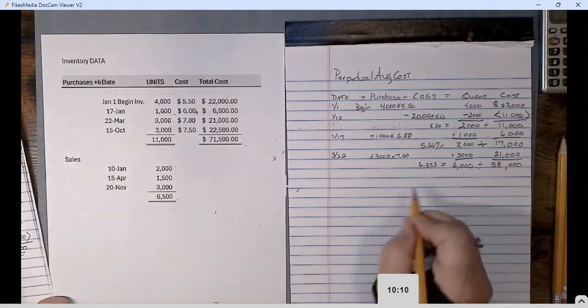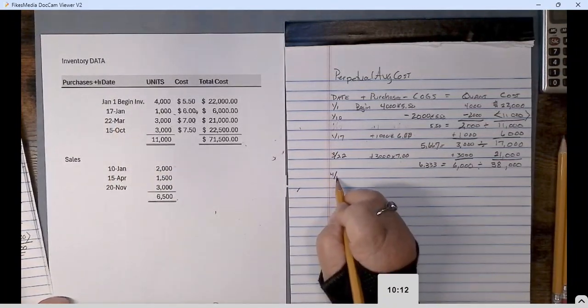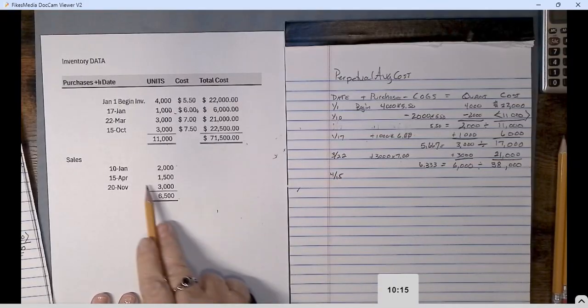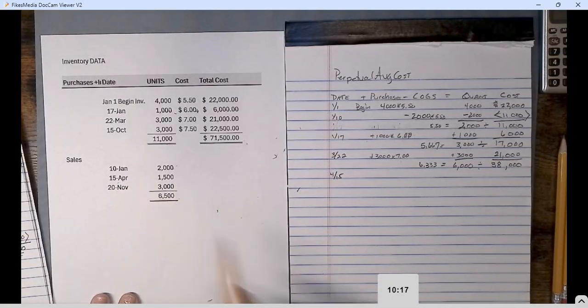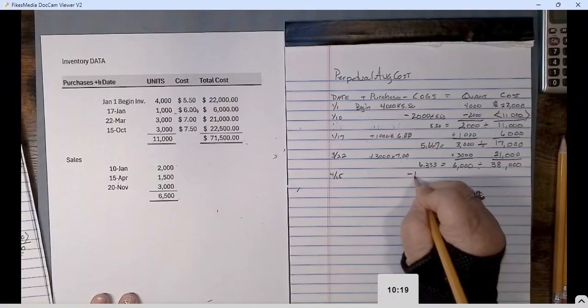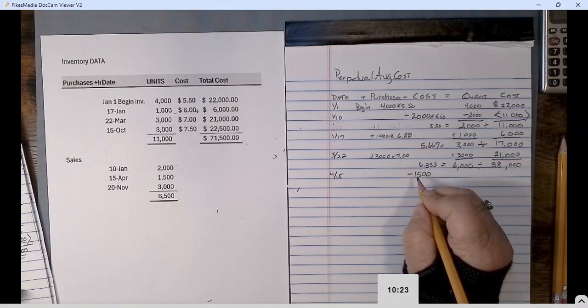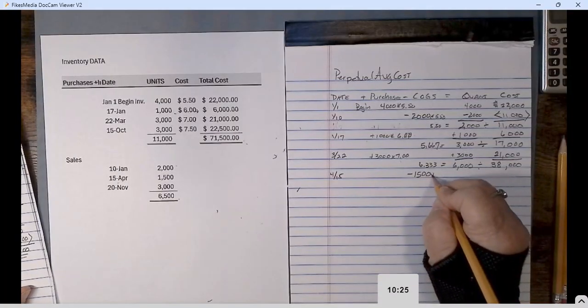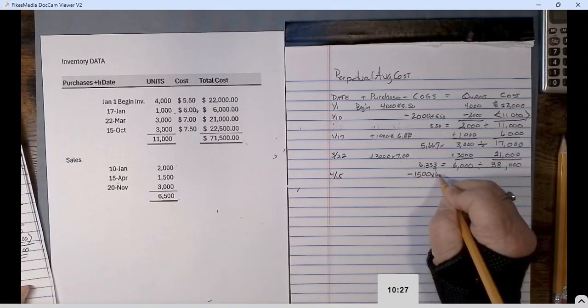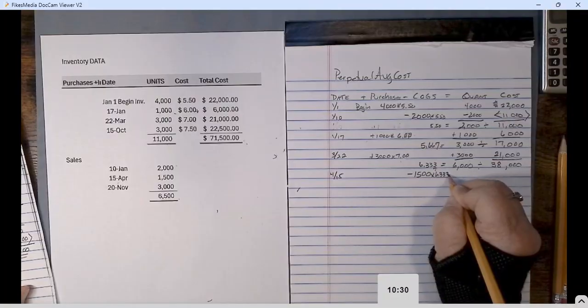My next transaction is 4-15. I sold 1,500. And I sold them at this price, 6.333.